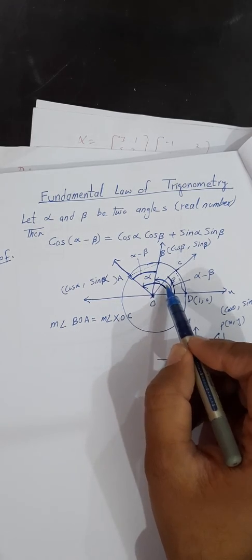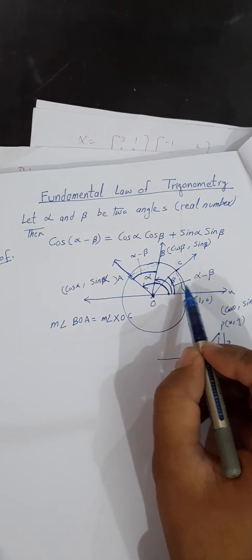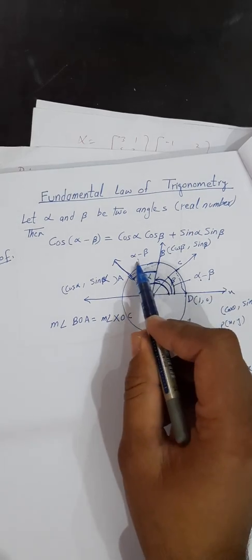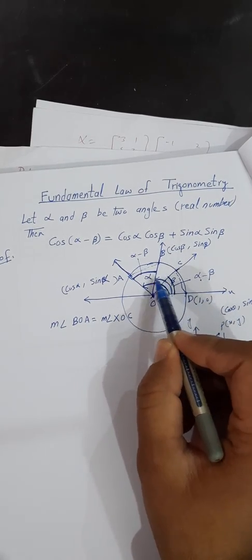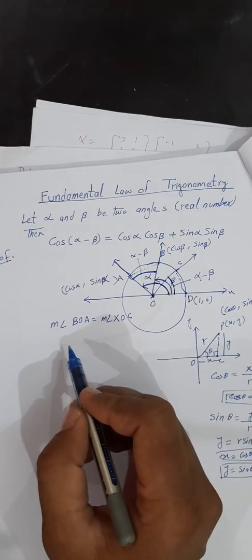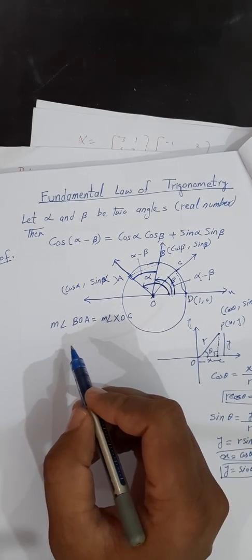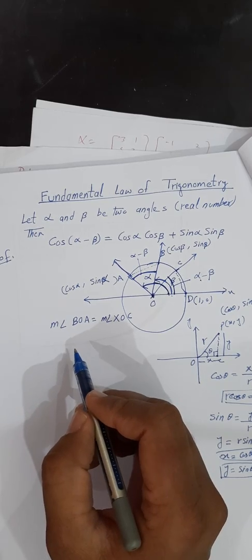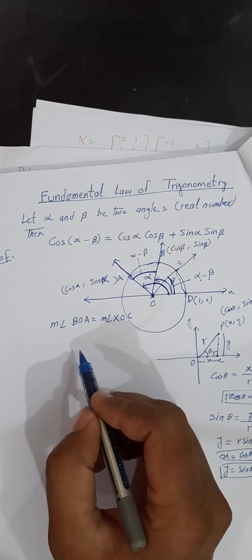Now in these two triangles, there is one angle alpha minus beta, and two sides are equal to each other. Therefore, triangle AOB and triangle COD are congruent.